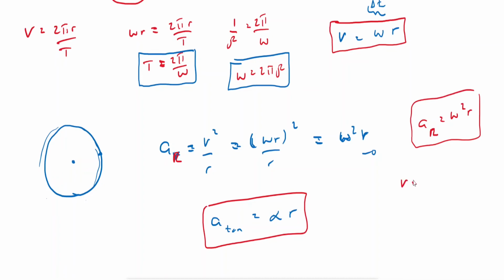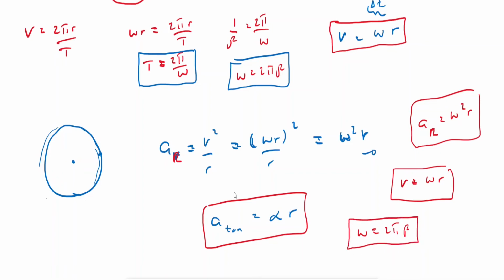This one, v is going to be equal to omega R, very important. This one, omega is 2 pi f, very important. And from this you can get the period, which is 2 pi over omega, very important.